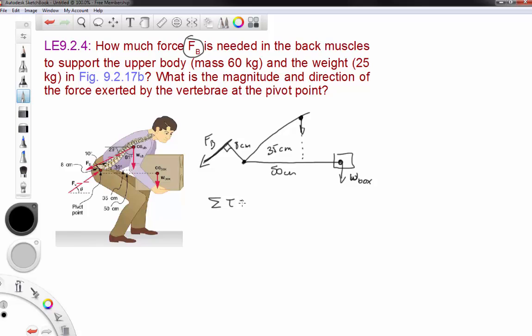Basically, we're going to use the sum of torques is equal to 0. And what that implies is we have a clockwise, we have a clockwise, and this right here is actually a counterclockwise.